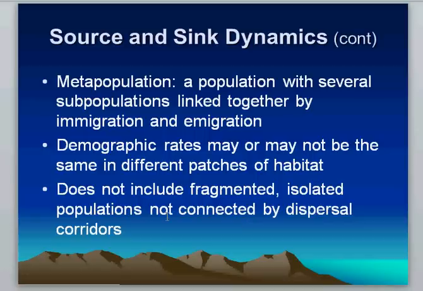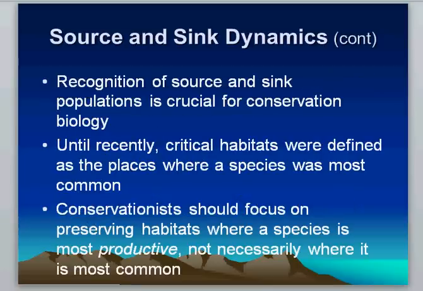Until recently, critical habitats were defined as the places where a species was most common. And this may have been a misnomer, because these habitats where the species was most common may simply have been the largest area of poor habitat, which therefore had the highest numbers of individuals within the species.